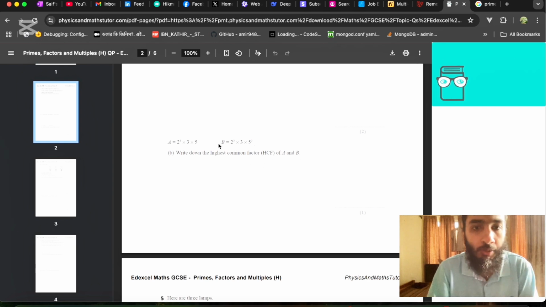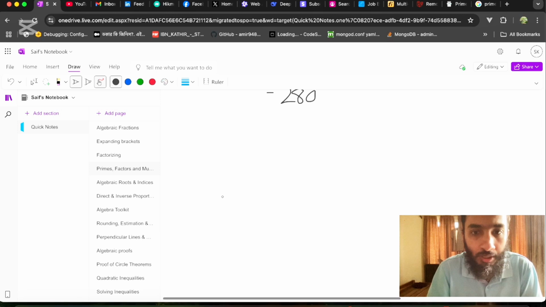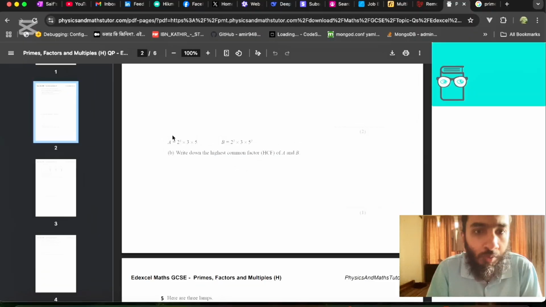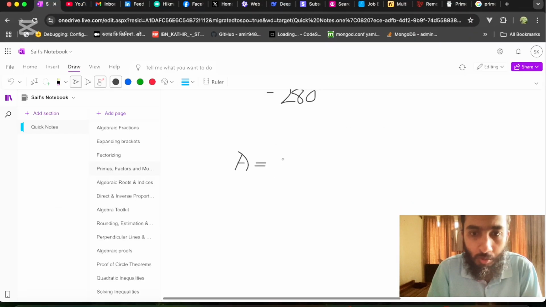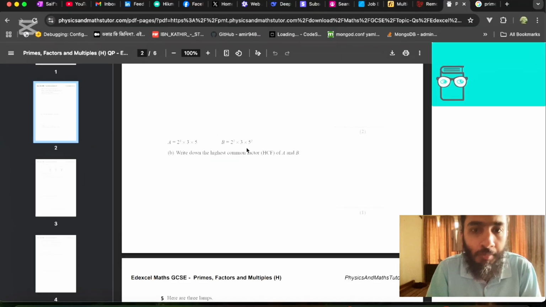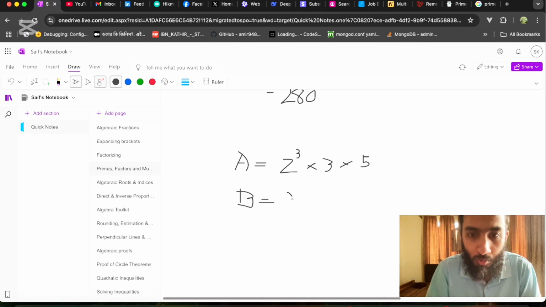So if I write down the values, A is 2 cube multiplied by 3 multiplied by 5, and B is 2 square multiplied by 3 multiplied by 5 square.